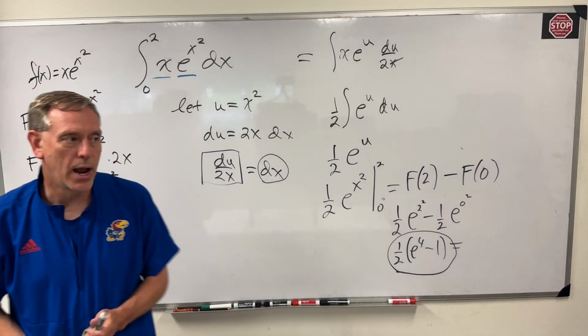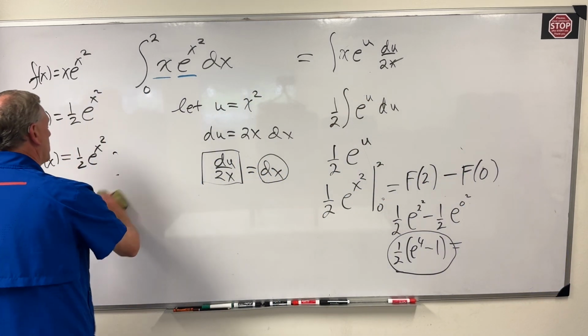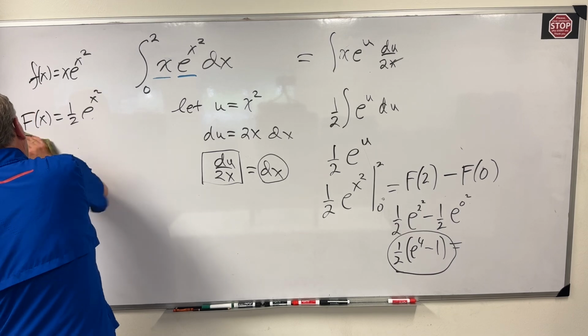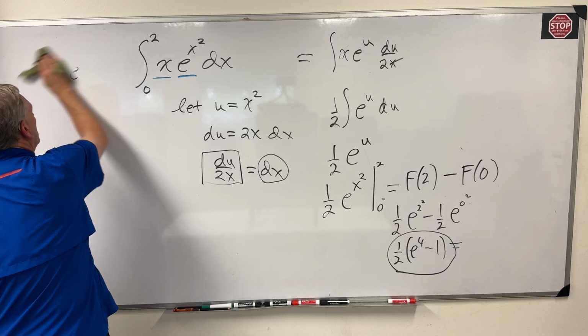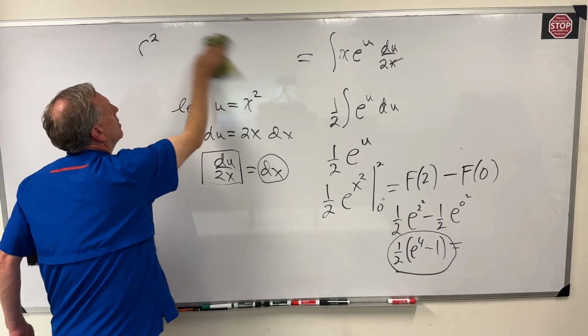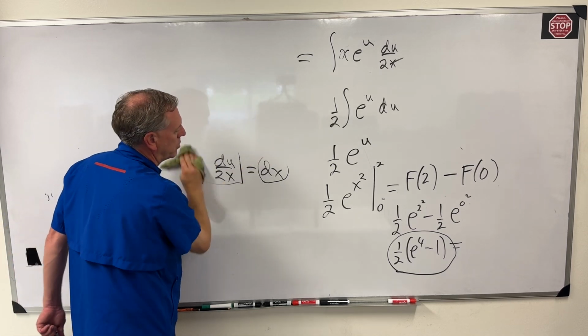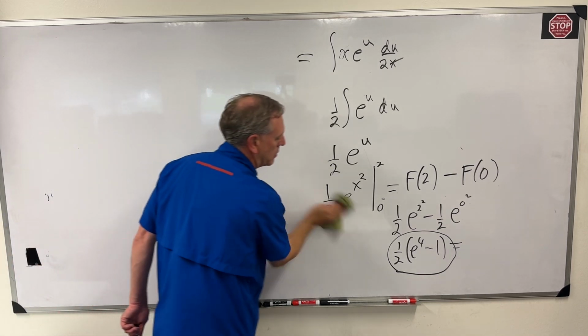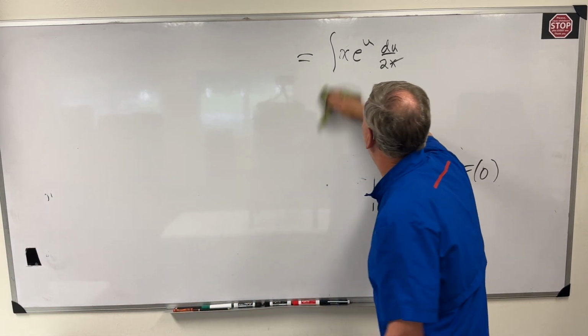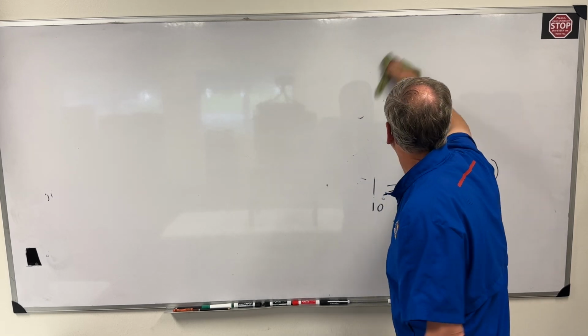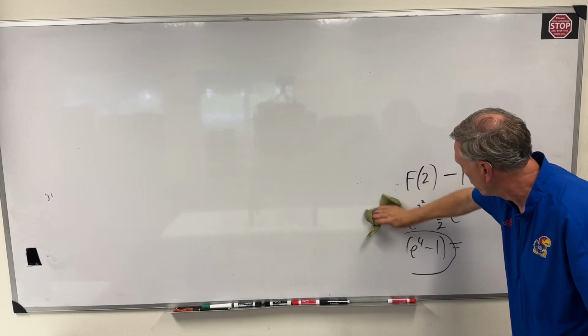That's a simpler one. I want to do one a little more complex, again involving e. And this one is going to involve the area between two graphs. We'll label them both y.